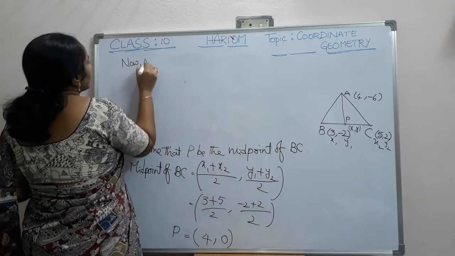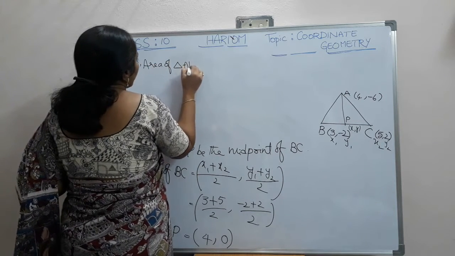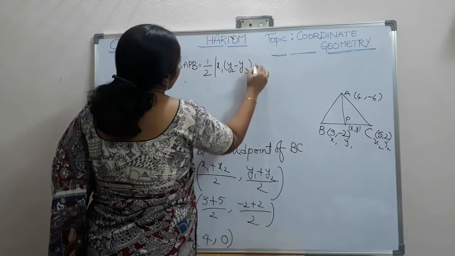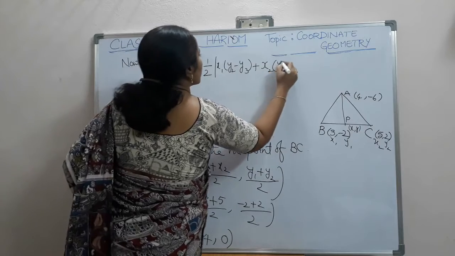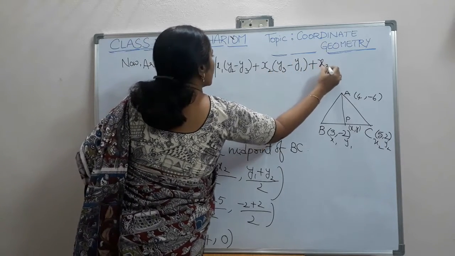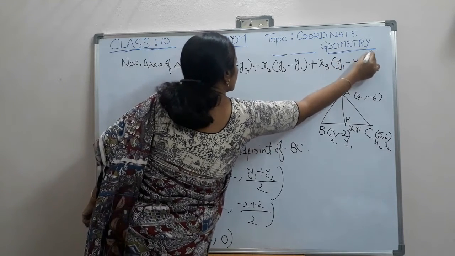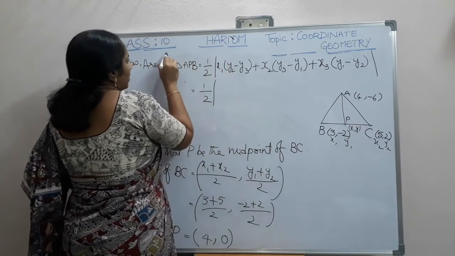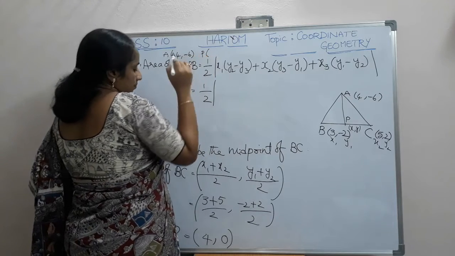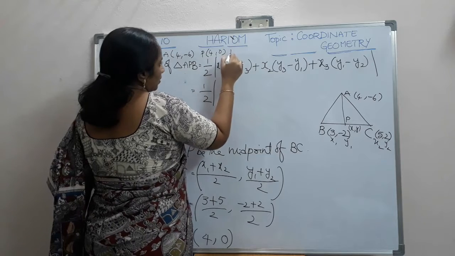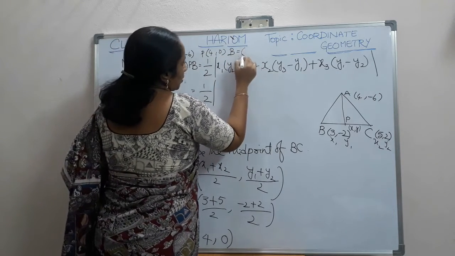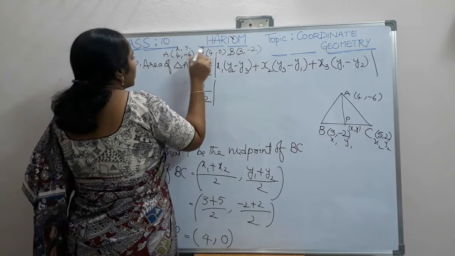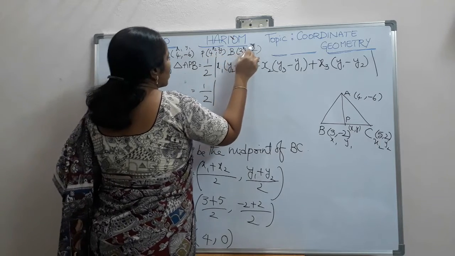Area of triangle APB is equal to half modulus of x1(y2 - y3) + x2(y3 - y1) + x3(y1 - y2), that is 1/2 into, with A (4, -6), P (4, 0), B (3, -2), as (x1, y1), (x2, y2), (x3, y3).